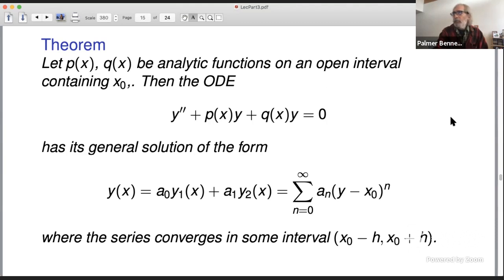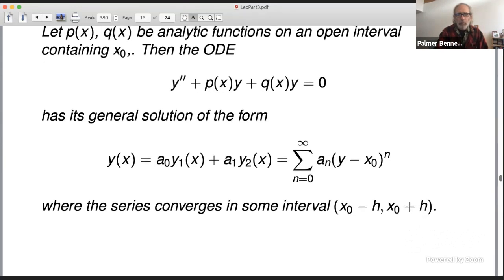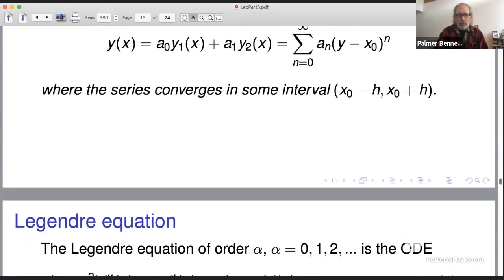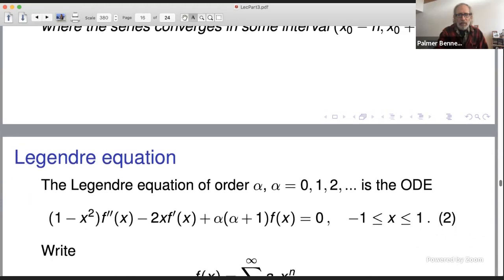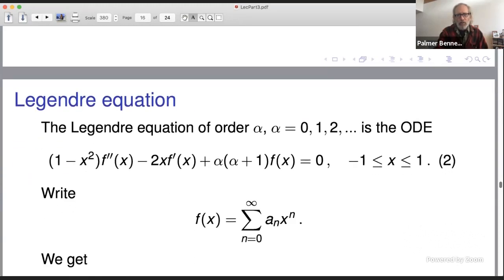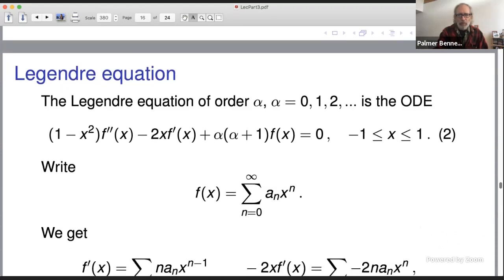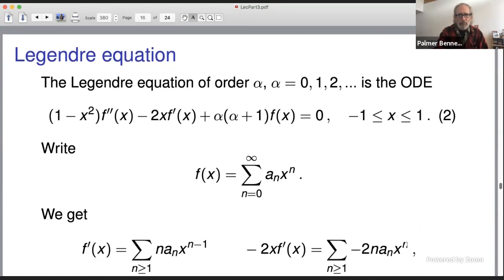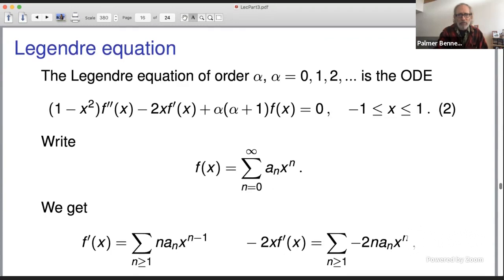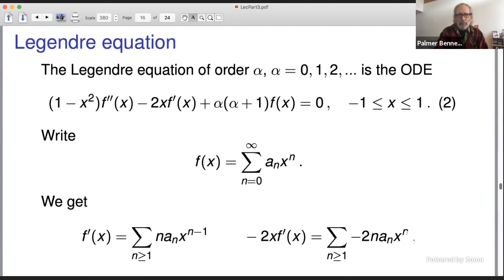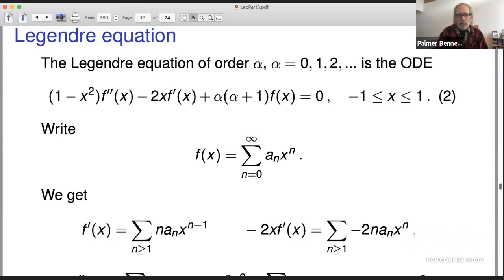Okay. And maybe to finish, we won't get through this. This is a long example, but we'll look at what's called the Legendre equation. This is a rather important differential equation. It's really a whole list of differential equations that are used a lot, especially in studying vibrations in three-dimensional space, and also in nuclear physics and nuclear engineering.